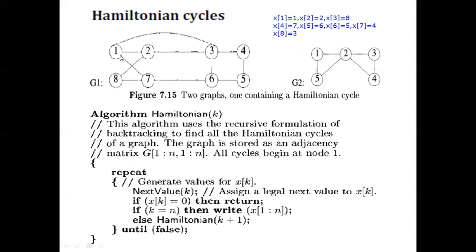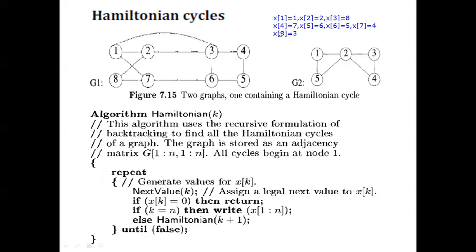I hope it's clear. That one only I represented here like this because for this algorithm that is required. How is it represented? The result is stored in an array called X. X of 1 is showing the first location. Which vertex should I store there? The starting vertex. Which is our starting vertex?